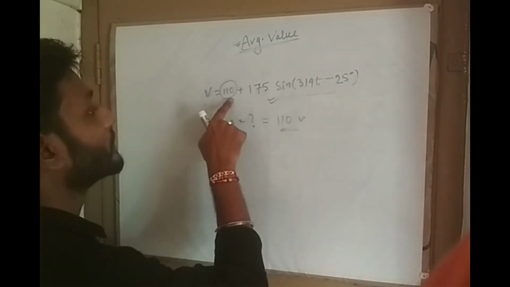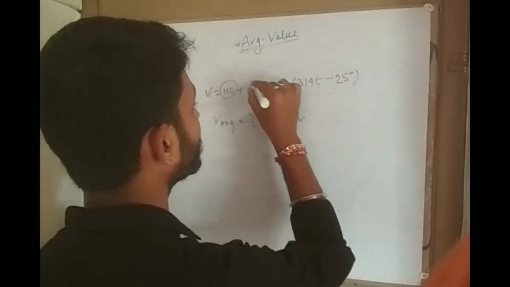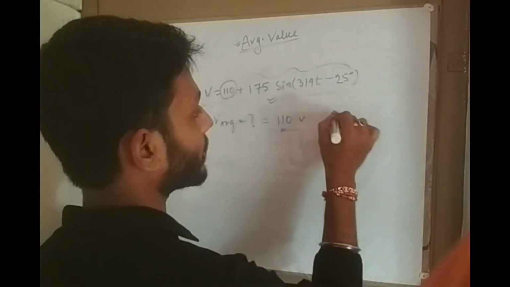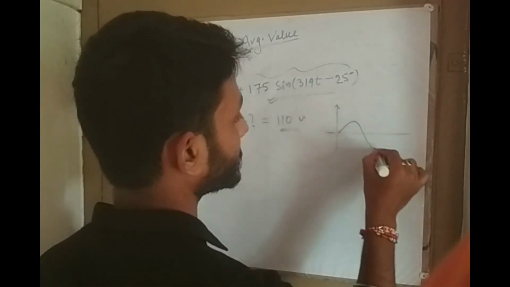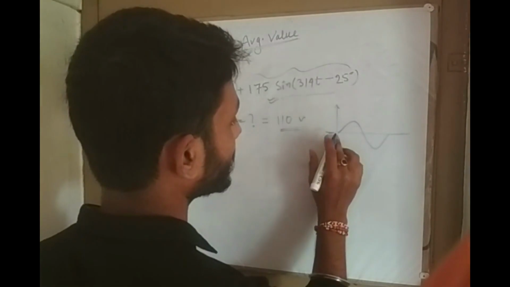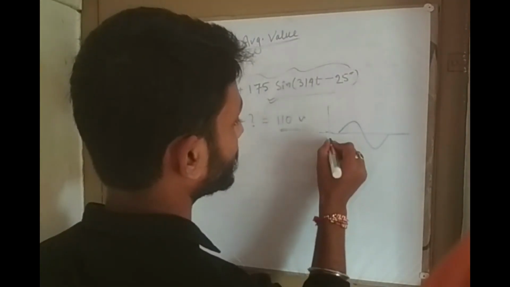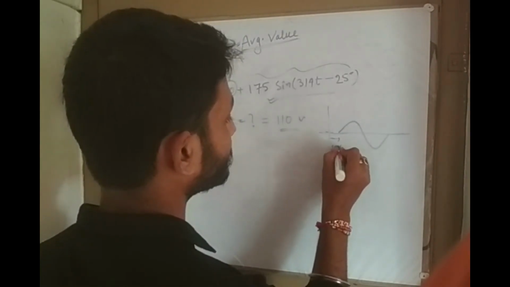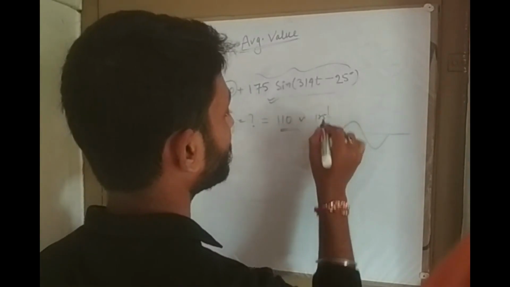How? This one is a DC signal and this part is the sinusoidal signal, with 25 degree as the phase delay, and 175 is the maximum value.